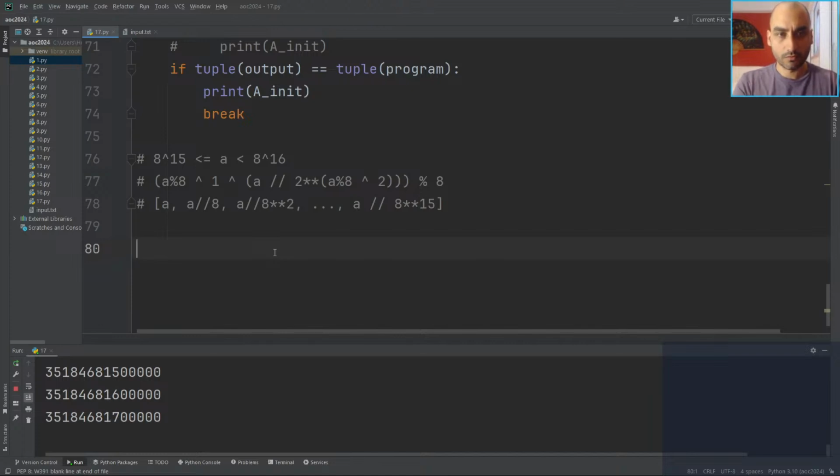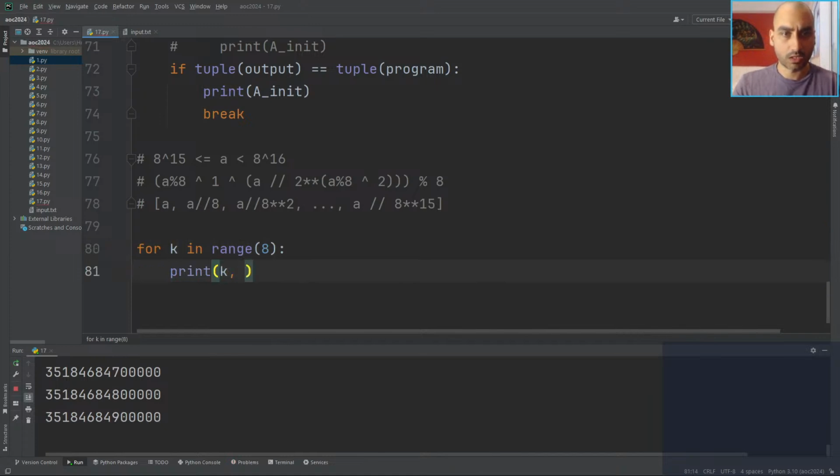So for K in range 8, I want to see what these values are. K, and then here we've got... It looks like I've written this in a way that it will just work.